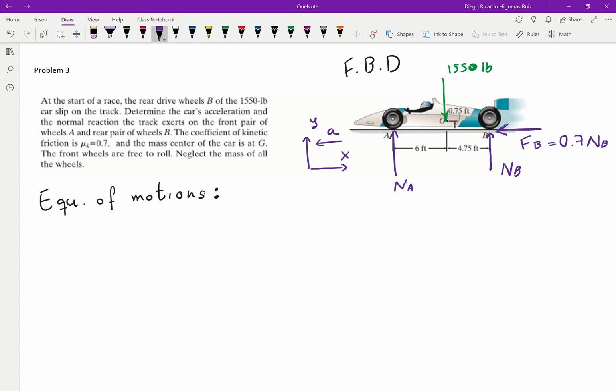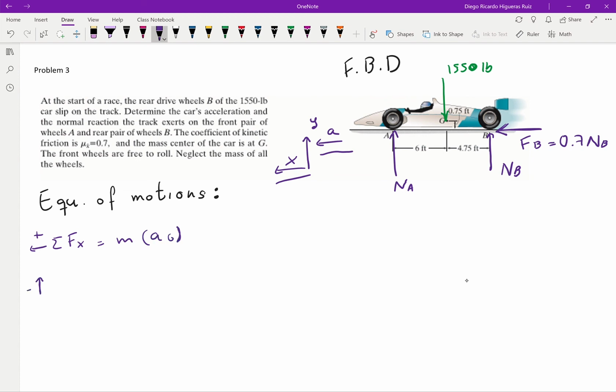Okay. I think we're gonna use X positive in that direction as the acceleration, okay? Alright, so we're gonna do summatory of forces in the X equal to mass times acceleration at the center of mass.